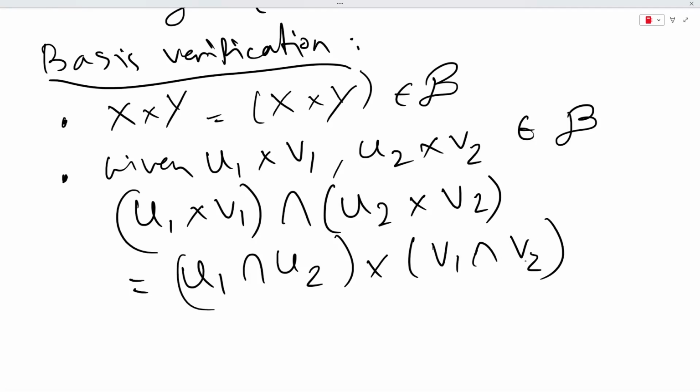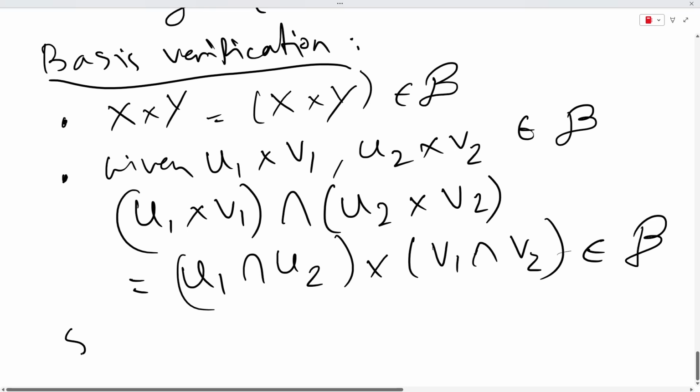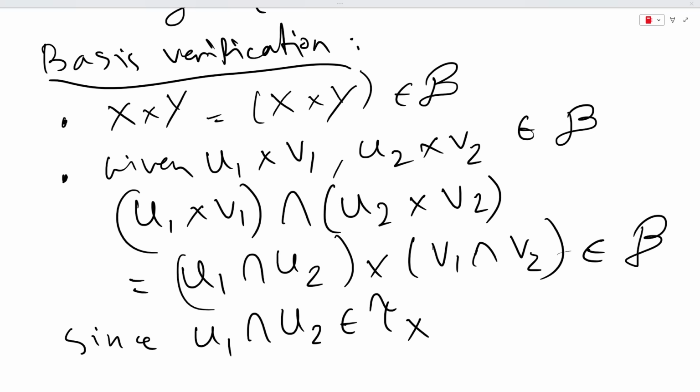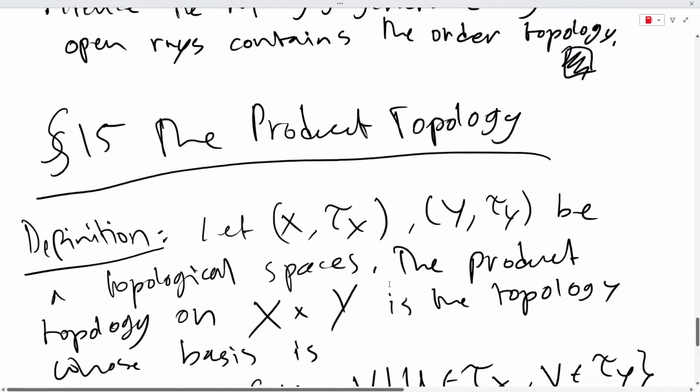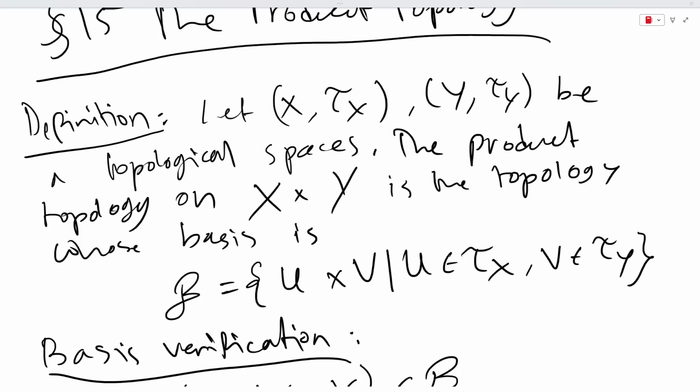This is a result from set theory. This also belongs to B, since U1 intersect U2 belongs to tau_X and V1 intersect V2 belongs to tau_Y. So we have verified that this basis for the product topology is actually a basis.